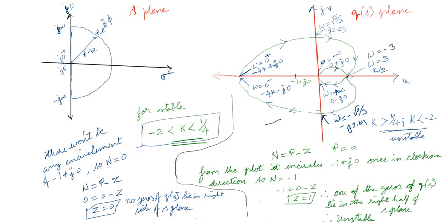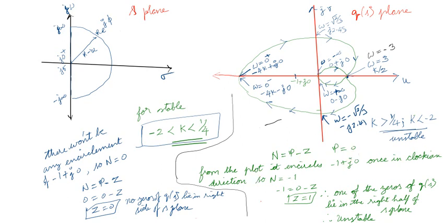Next, if k is less than minus 2 or k is greater than 1 by 4, in which case we are disobeying this condition, then it becomes unstable, right? When it becomes unstable, it will be encircling once. That is n equals p minus z. We know already p is equal to 0.